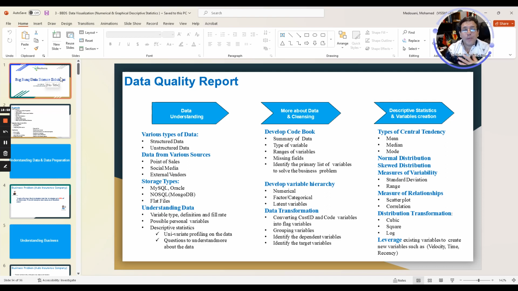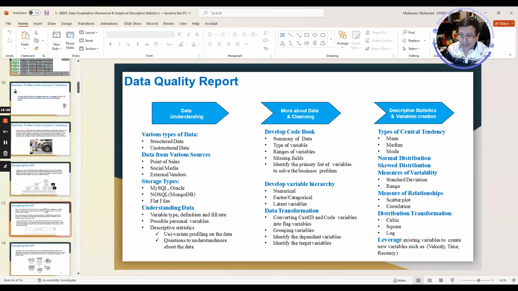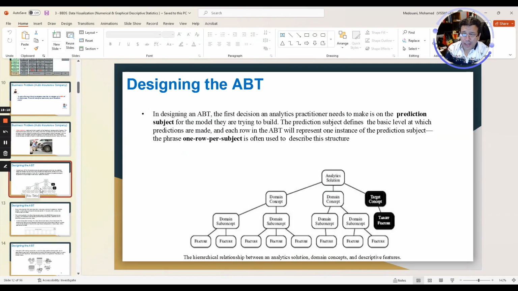So you have so much data. But from your own perspective, based on your understanding of the problem, out of this data, what do you think you are going to need?